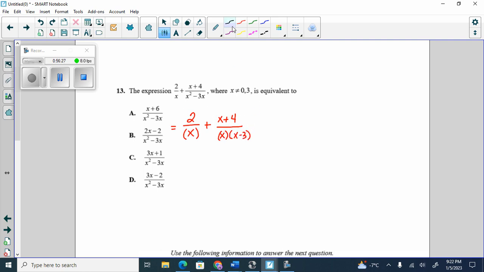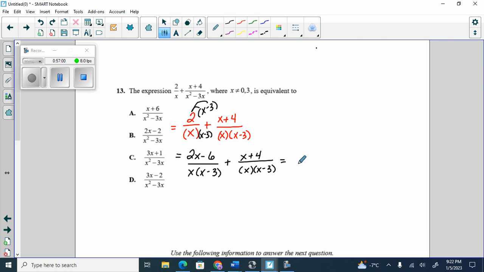In order to add, we need common denominators. So they both have an x, but the right-hand side has an x minus 3. So I'm going to multiply this one by x minus 3, and this one by x minus 3. So we distribute, and we get 2x minus 6 over x, x minus 3, plus x plus 4 over x, x minus 3.